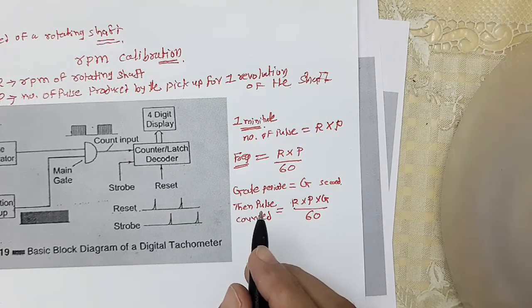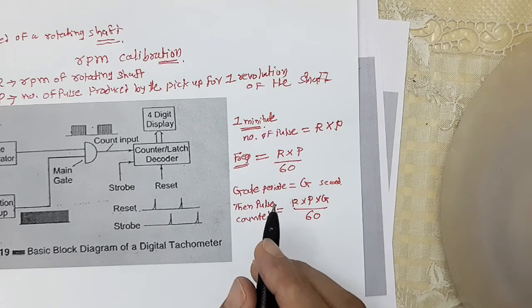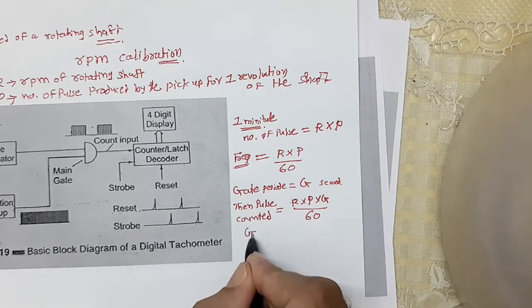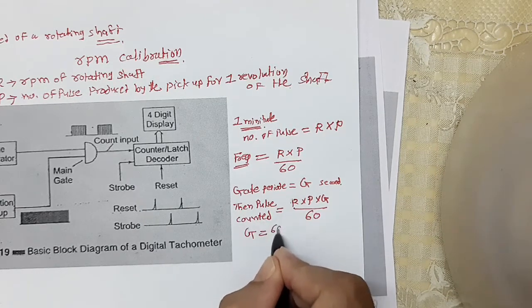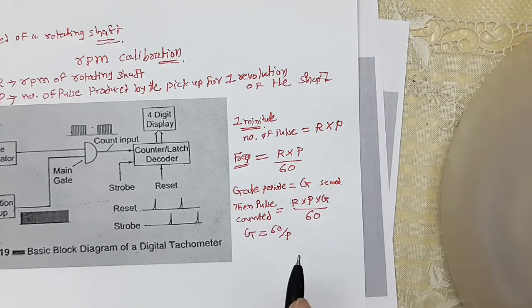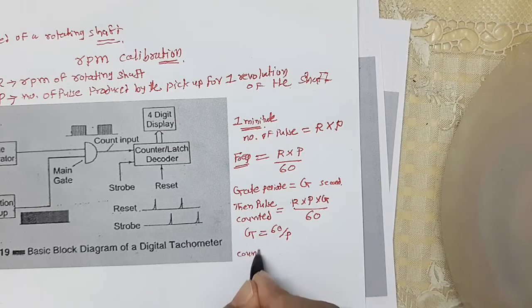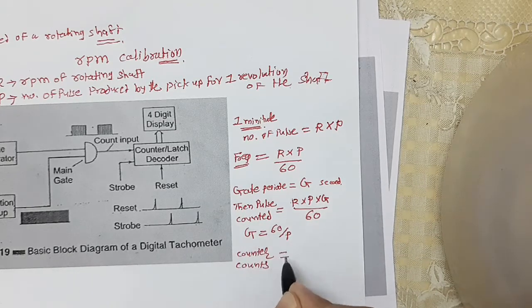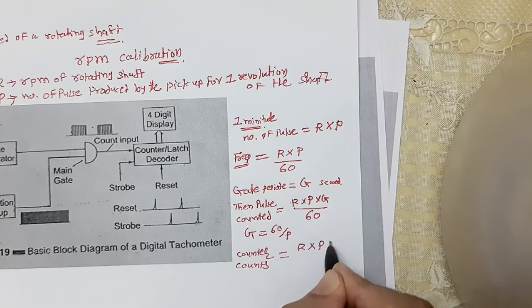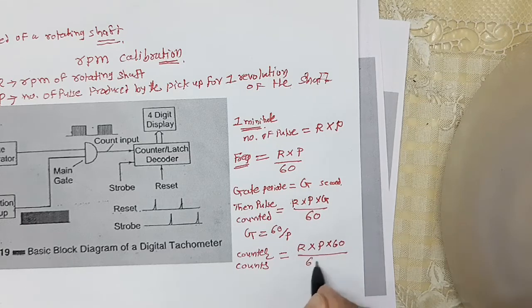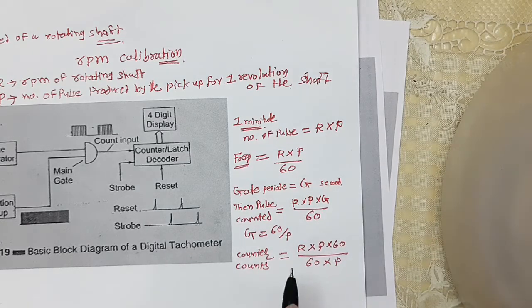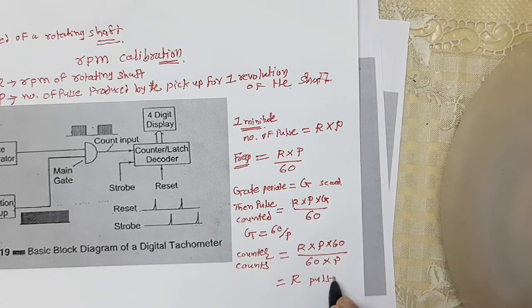So we select the gate period G equal to 60 upon P, and the counter counts R into P into 60 upon 60 into P, and this is equal to R pulses.